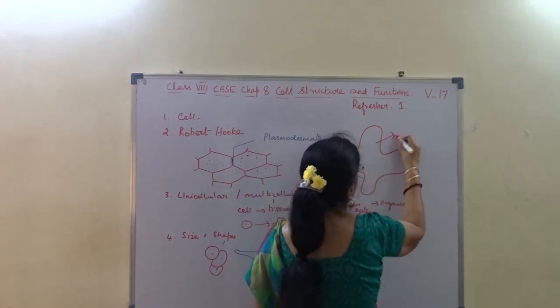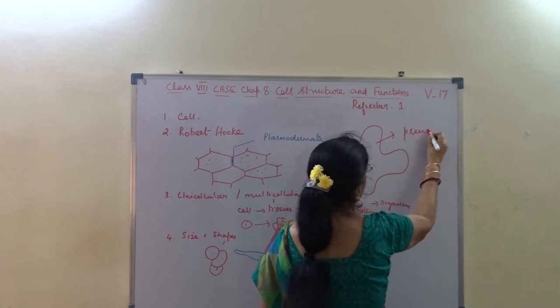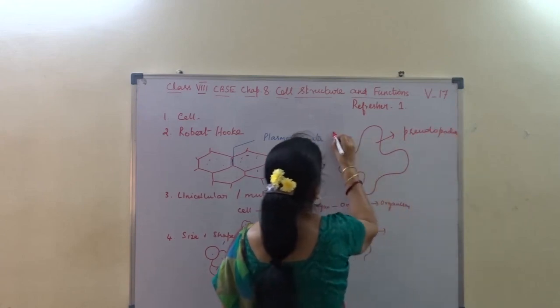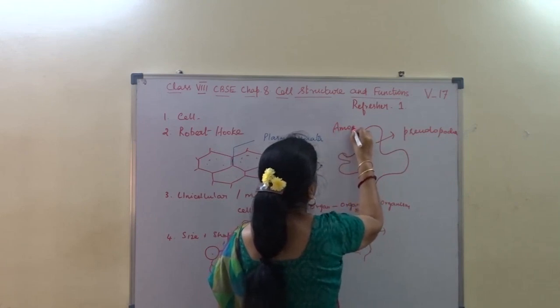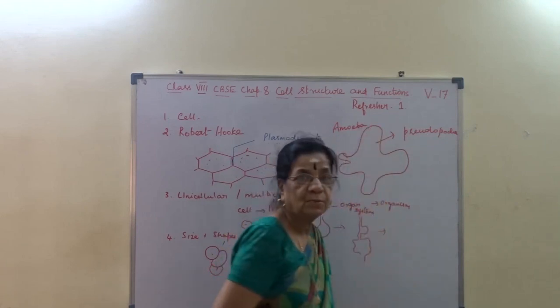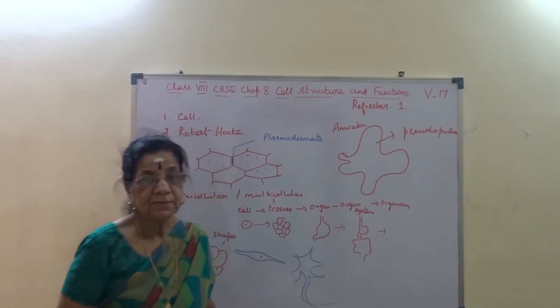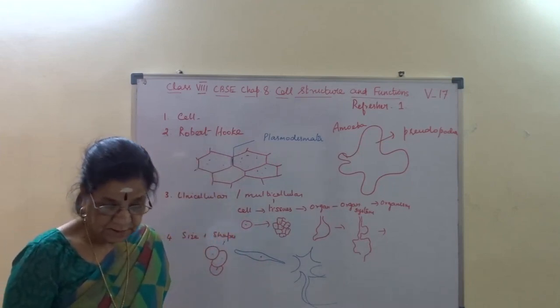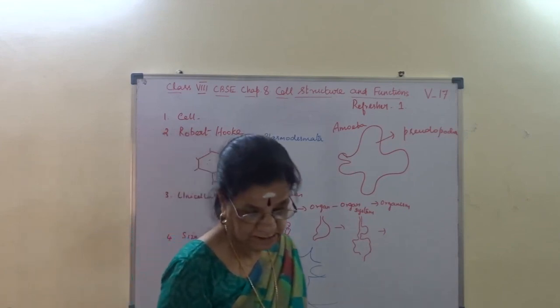And this is called pseudopodia. This is pseudopodia. This is amoeba. Amoeba shows different movements. In amoeba, it has no definite shape.